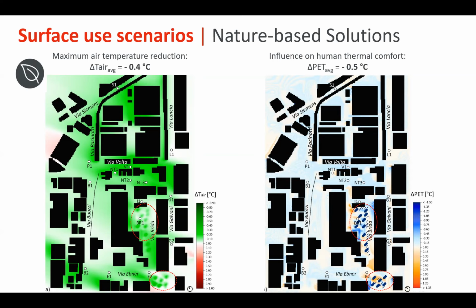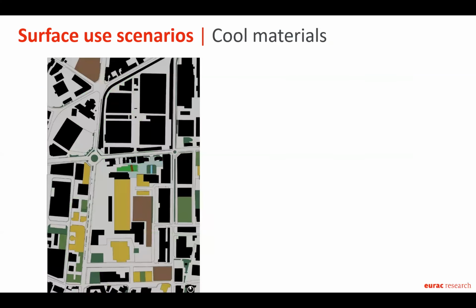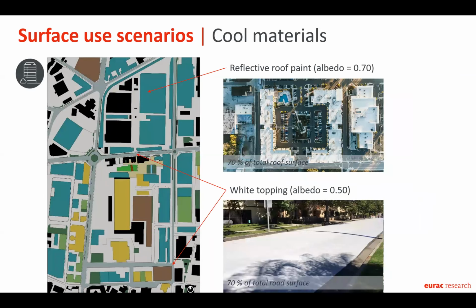You can see that the higher impacts on human thermal comfort are mainly in the green areas at ground level, but still there is an average reduction of 0.5 degrees of the air temperature. We also consider the use of cool materials, so reflective roof paints and white topping on the major roads crossing the district.